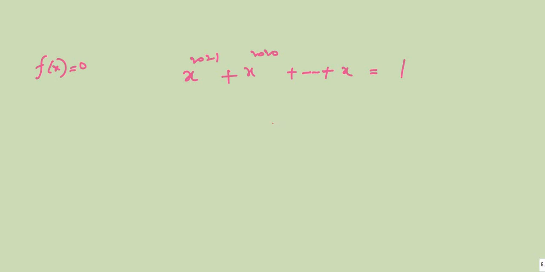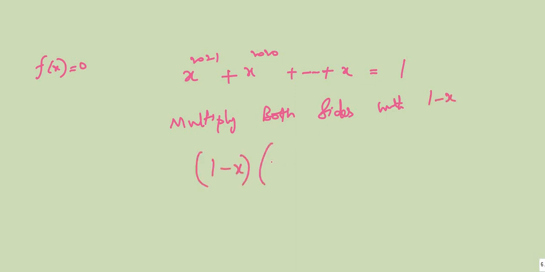What we can do now is add 1 on both sides, and then multiply both sides with 1 minus x.